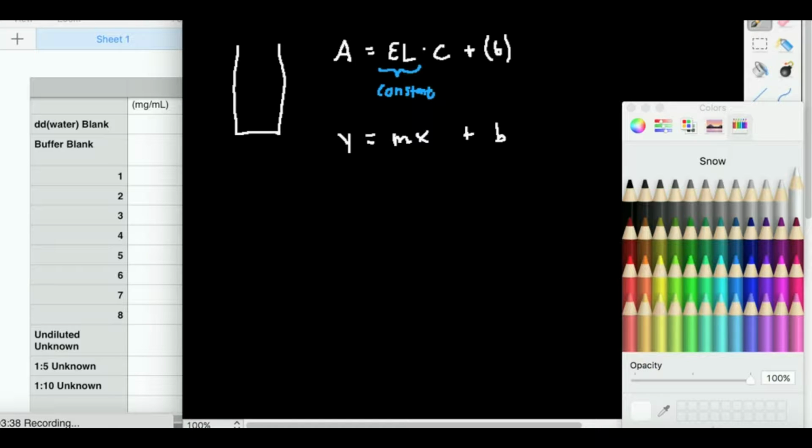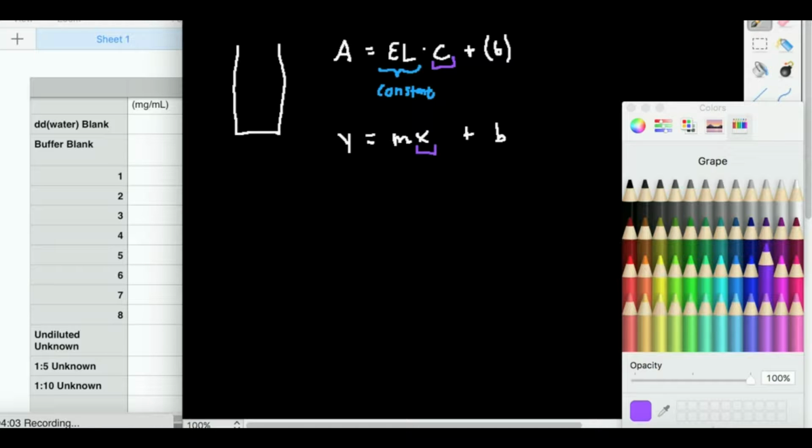Well, you should ask yourself one thing. What in my Beer's law is the dependent variable, and what is the independent variable? The independent variable is the thing that changes and affects the dependent variable. The thing that I change is the concentration. In a linear regression line, that corresponds to x.